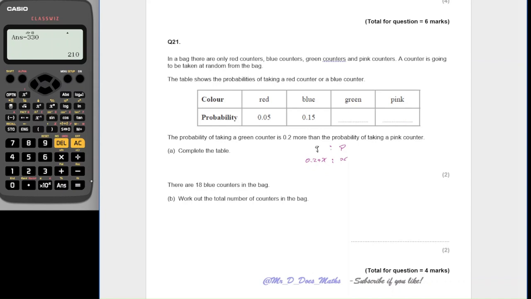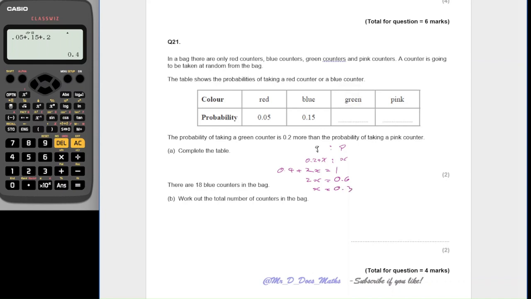So currently they add up to 0.05 plus 0.15 plus 0.2, so currently they add up to 0.4. So 0.4 plus 2x has to be equal to 1. So 2x has got to be equal to 0.6. So x has got to be equal to 0.3.